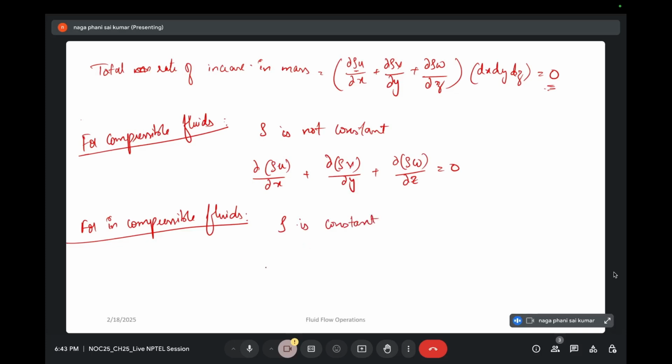Okay, so in that case, rho can be taken out. So we'll be left with dou u by dou x plus dou v by dou y plus dou w by dou z, which is equal to 0. This is nothing but the equation of continuity for three-dimensional flow.